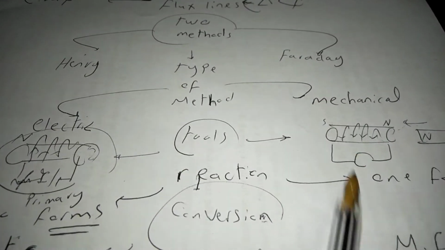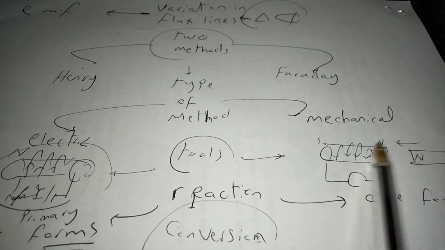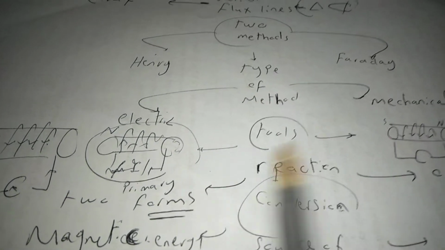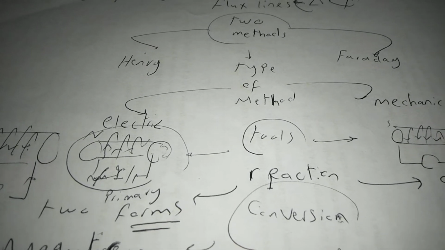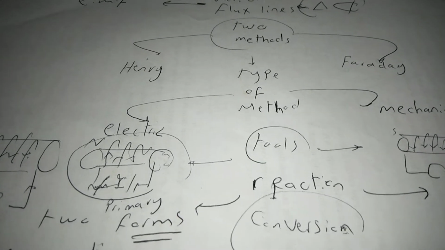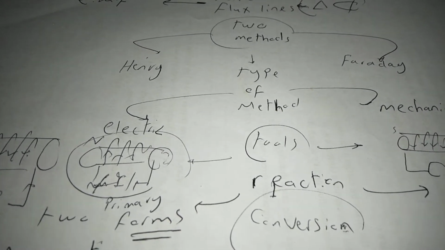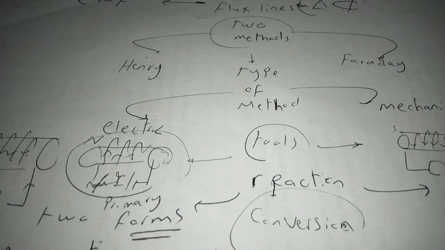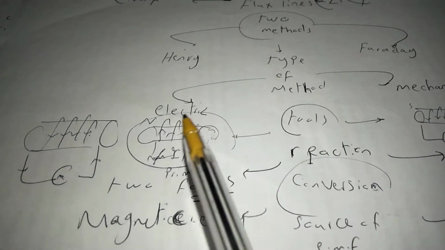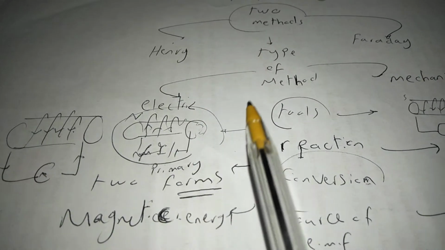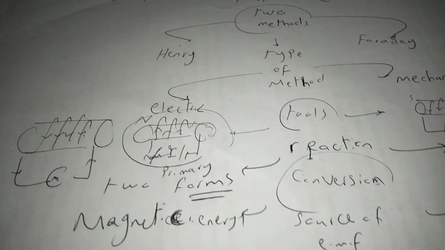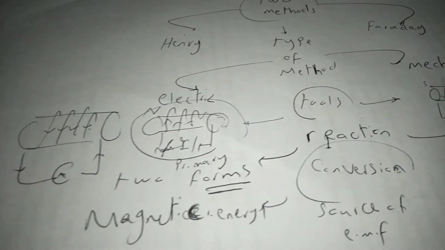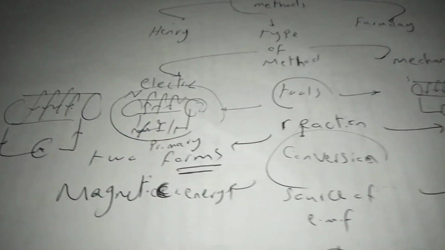Here there is one reaction, which is an opposing field to the original field, while on the other hand a complicated opposition takes place because there are two oppositions to the original change. Number one is the opposition of the field, and number two is another current, which can be called backward or forward induced current.